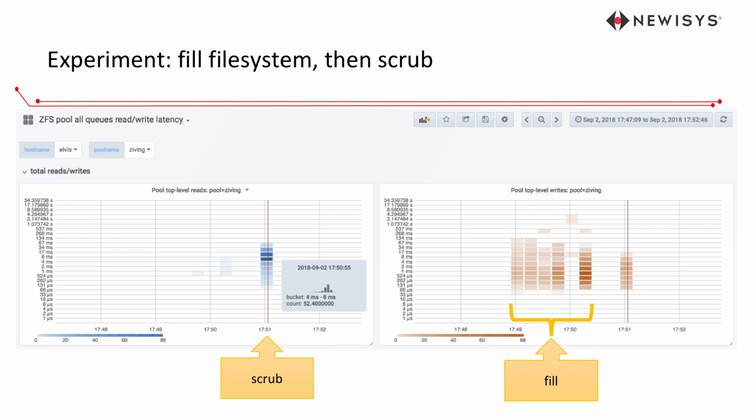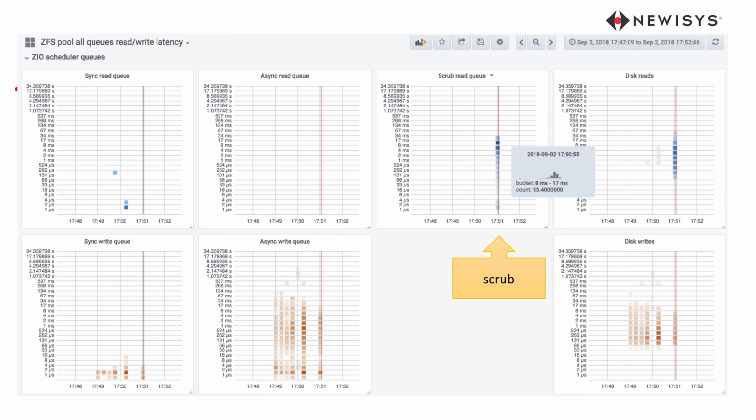When we go down to the next level, into async, sync, reads versus writes, then you can really start to see it break out. You can see clearly that we've got synchronous reads going along. The only async read that I'm aware of is a prefetch, right? So all reads are basically synchronous, is the lesson.